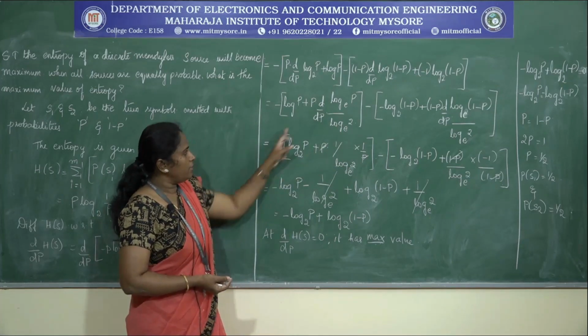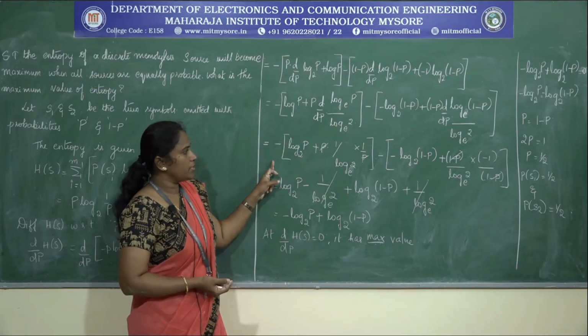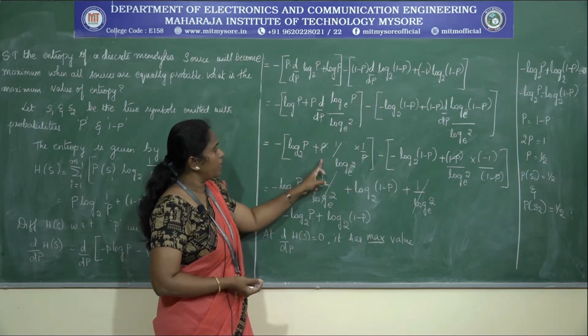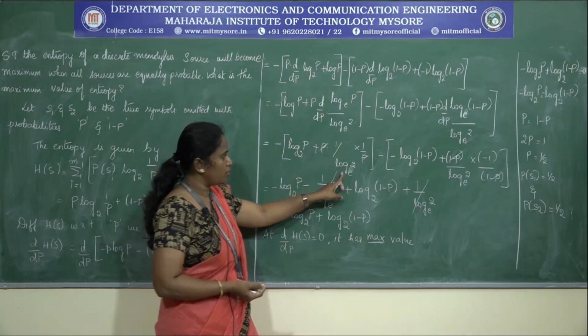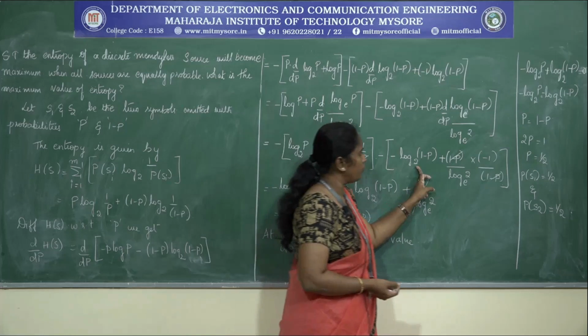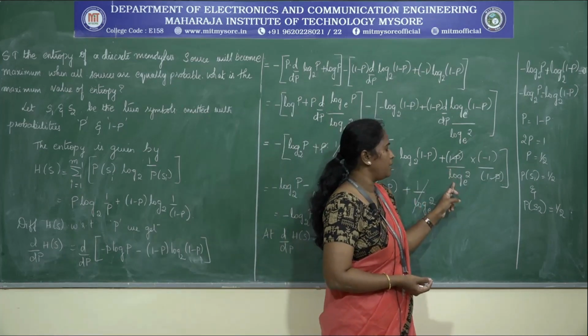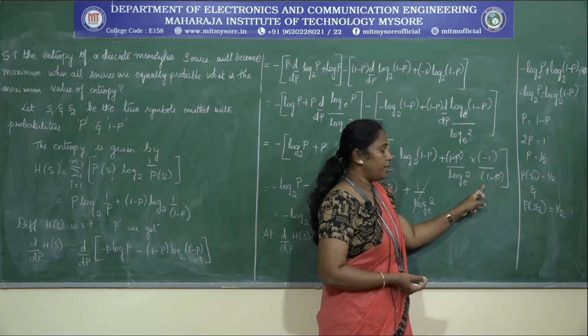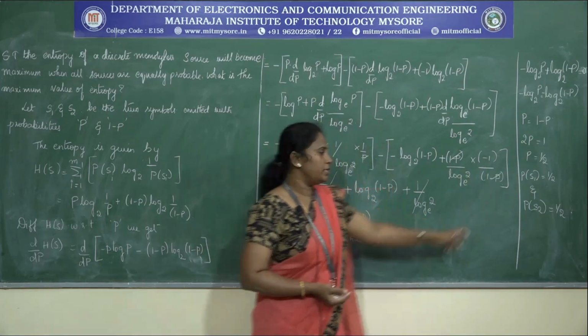Then the equation simplifies to minus log P plus P into log of 2 into 1 by P. Similarly, it is minus log base 2 of 1 minus P plus 1 minus P log e to 2 into minus 1 divided by 1 minus P.